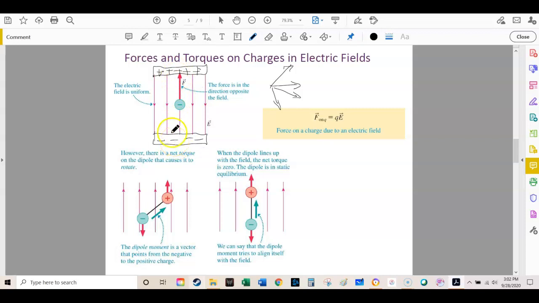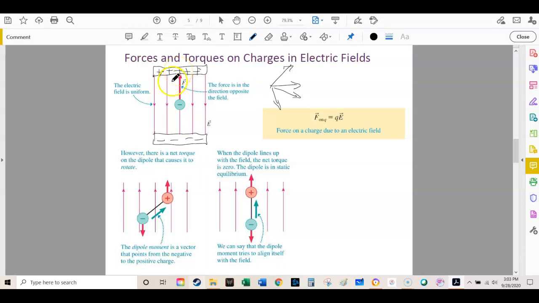So this downward pointed electric field is created by a capacitor, and the vectors pointed down are pointed away from the positive plate and towards the negative plate. So if you place a negative charge in that electric field, it's going to move towards that positive plate.